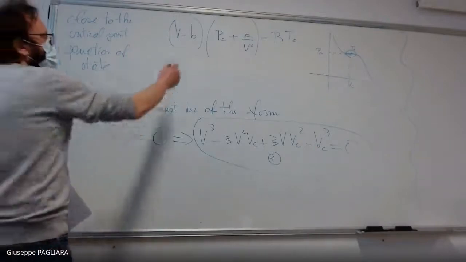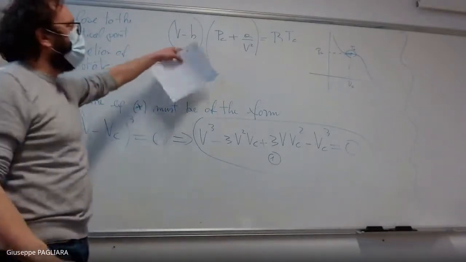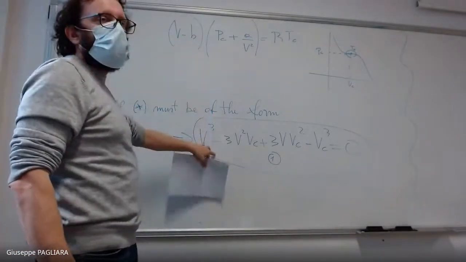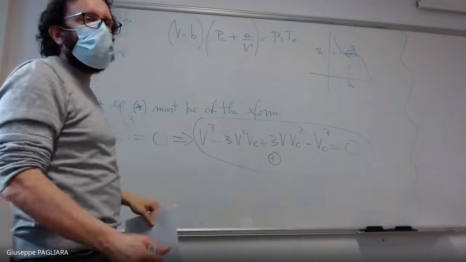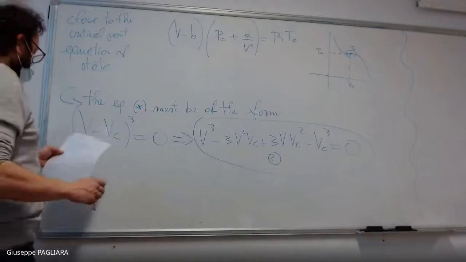Now the idea is the following: expand this equation, compare it with this, and find a relation between Vc, Tc, Pc, and A and B. Okay, so let's work a little bit.